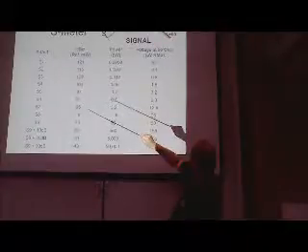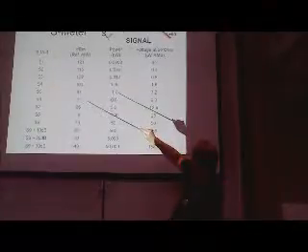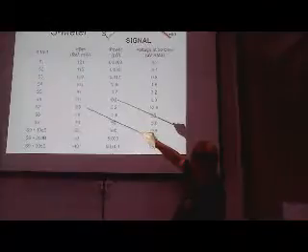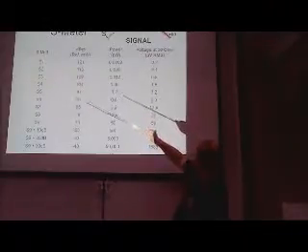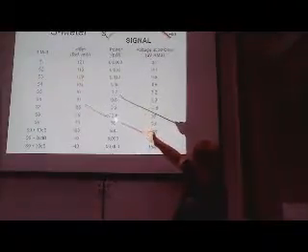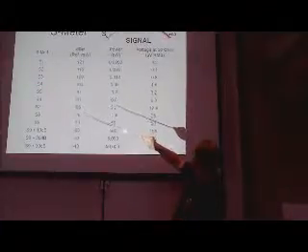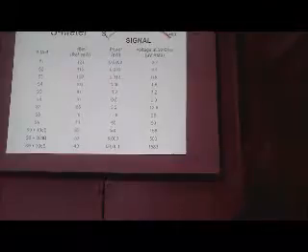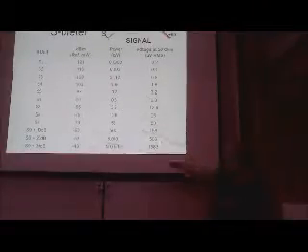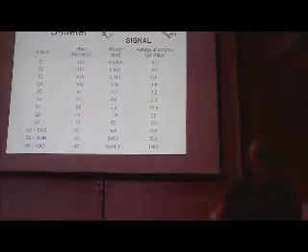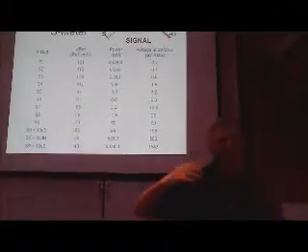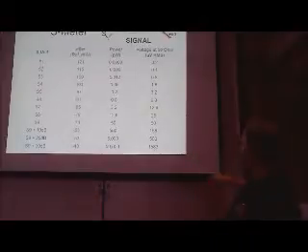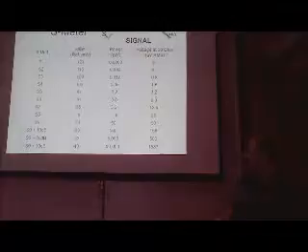So 2 times 4 is 8, 8 times 4 is 32, and so on. So each S point represents 4 times the power, and the relationship between voltage and power means that this is double the voltage. So each S point represents double the voltage at the receiver.